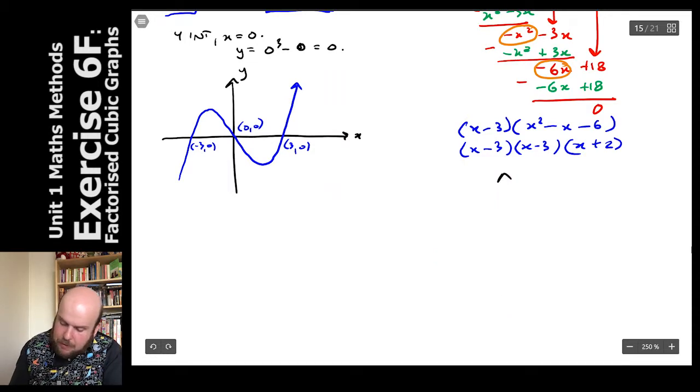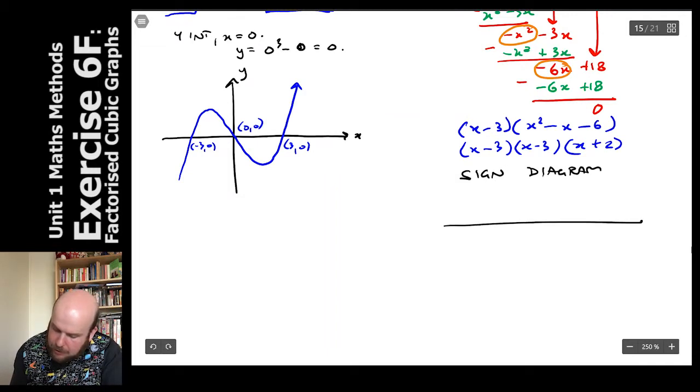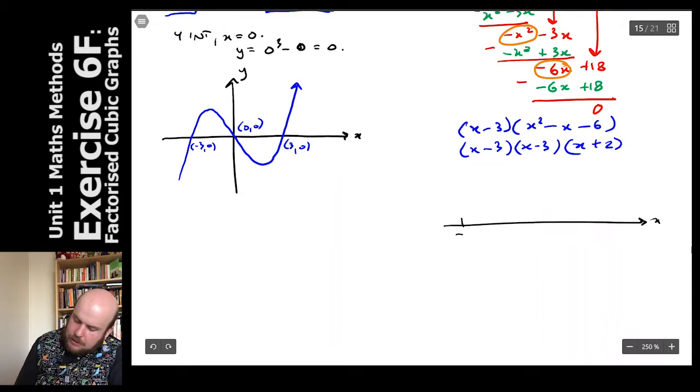Oh no, we better do our sign diagram first. Oh, I just realized something.